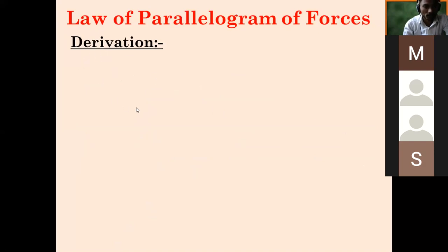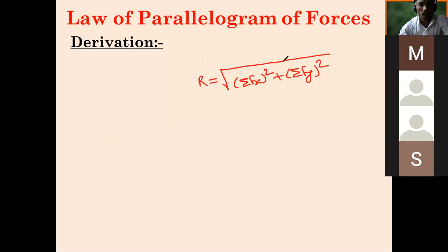So what is the formula for our method of resolution, where a number of forces are acting in a system? R is equal to under root of summation of Fx square plus summation of Fy square. This was the formula.